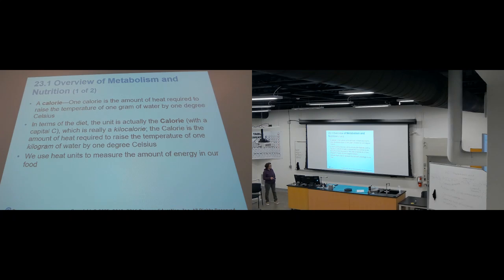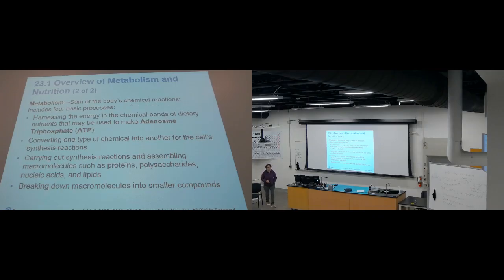That is the amount of heat required to raise the temperature of 1 kilogram of water by 1 degree Celsius. And then we use the heat units to measure the amount of energy in our food.